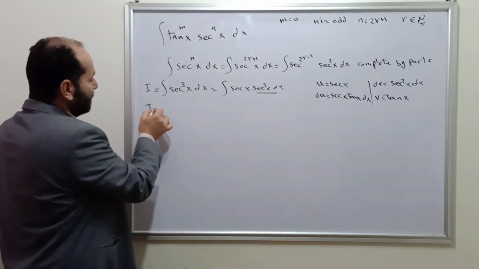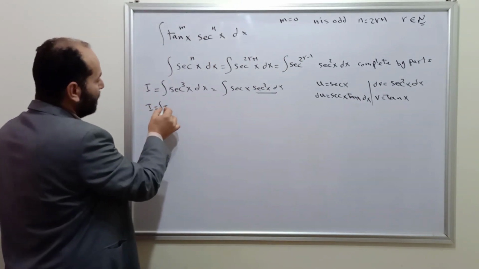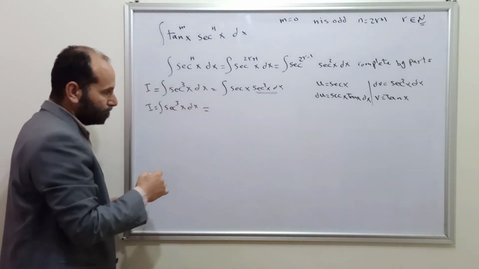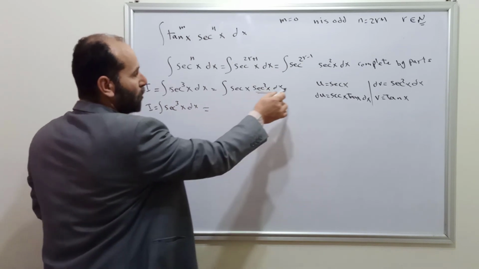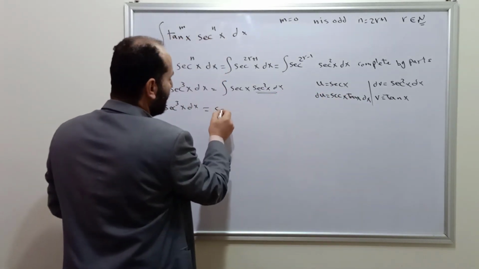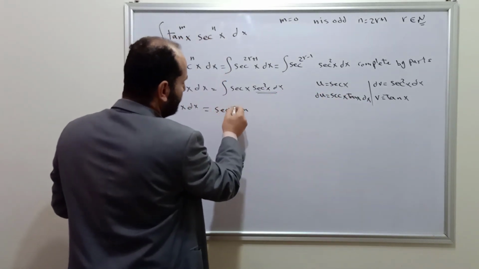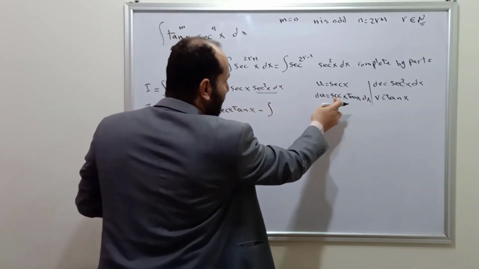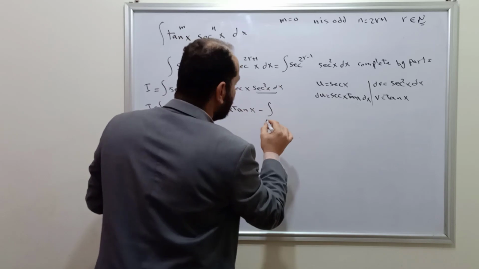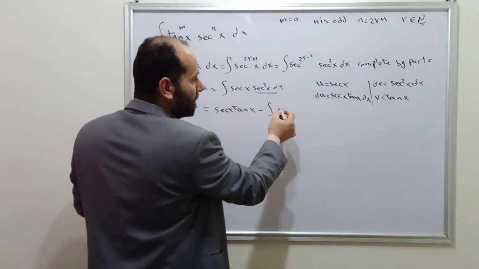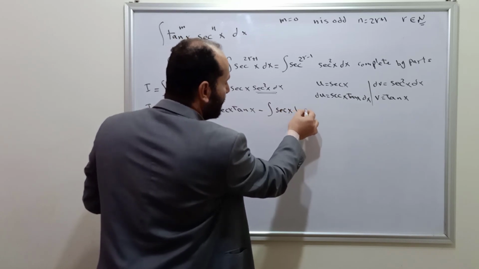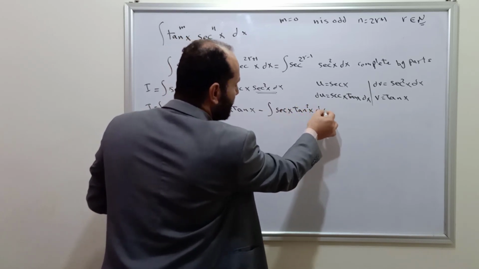So I equals the integral of sec^3 x dx equals uv, which is sec x tan x, minus the integral of v du. Here, v du equals sec x tan squared x dx.